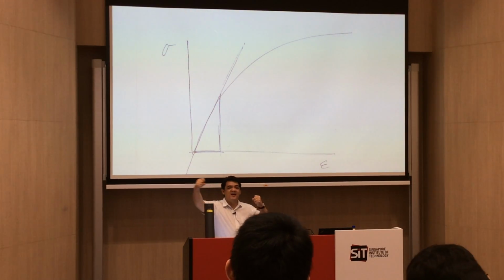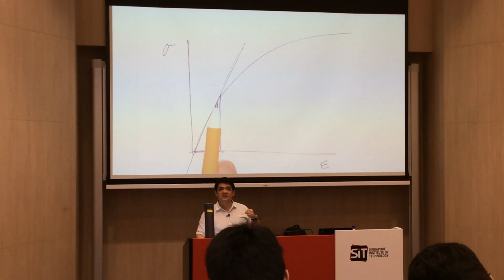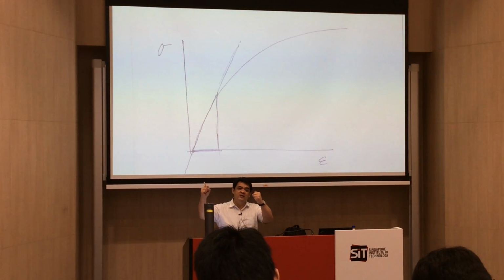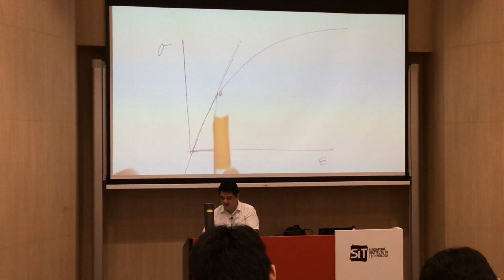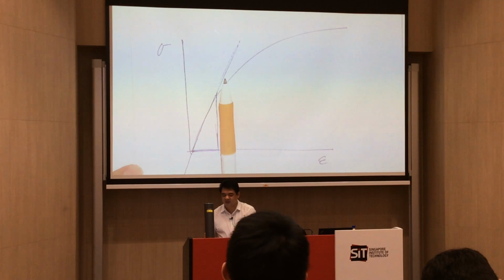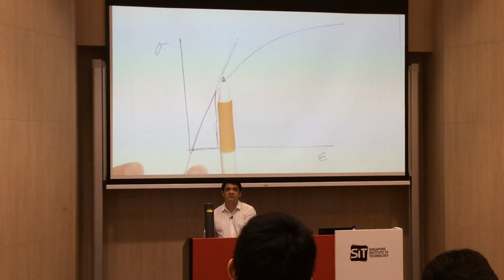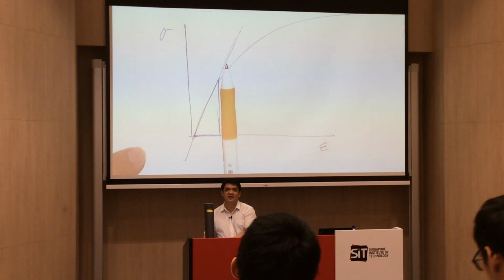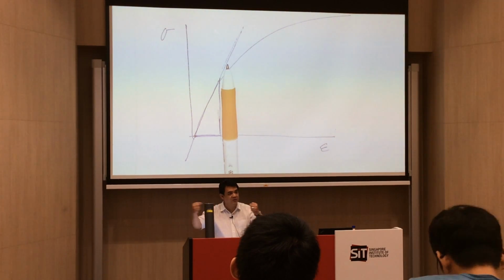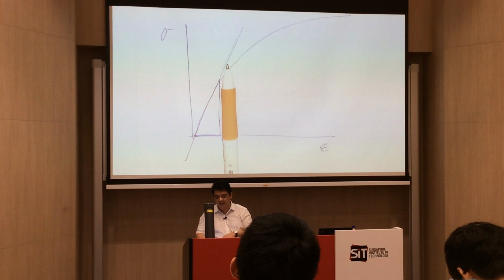But once you exceed this limit, then chances are that the elongation will be permanent, plastic. Just before this limit, you're looking at elastic, meaning it's going to go back to its original shape, and it's linear.